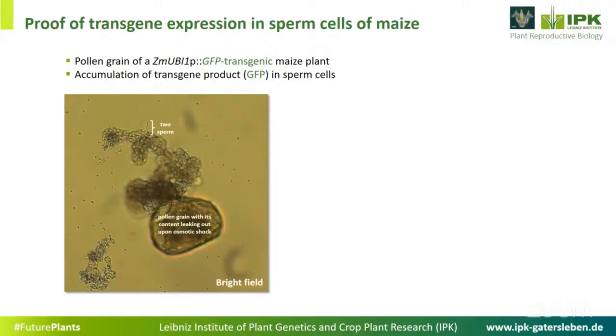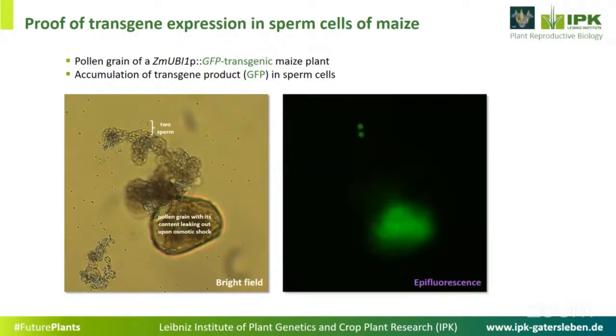And clever enough, we used transgenic, GFP expressing material, so that we can see these two sperm in a confocal very clearly. And this told me that we can express Cas endonuclease efficiently also in sperm cells by using a ubiquitin promoter.